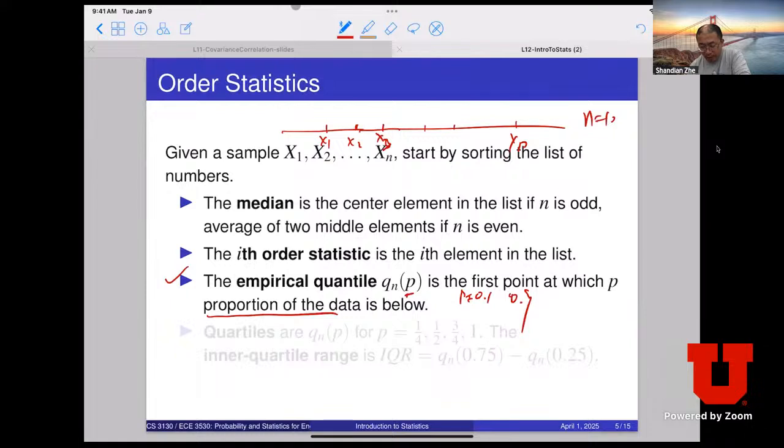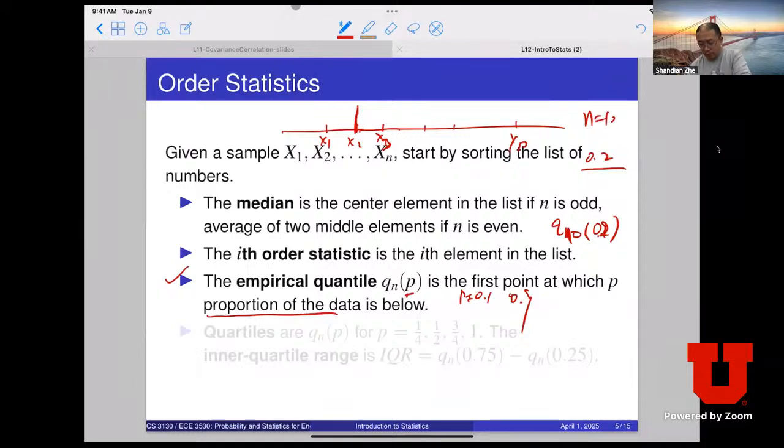You want to look at Q at 0.2. That basically means you're going to choose X2. Why? Because at and below X2, you have X1 and X2, which take 0.2 of the total number of data points. Okay, so that is called a quantile.